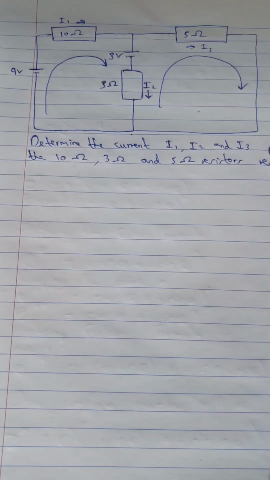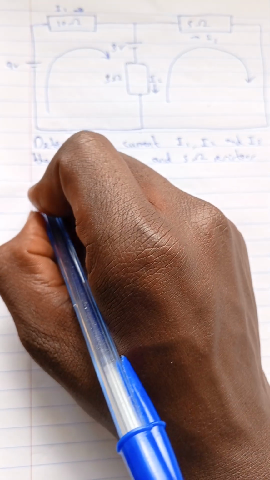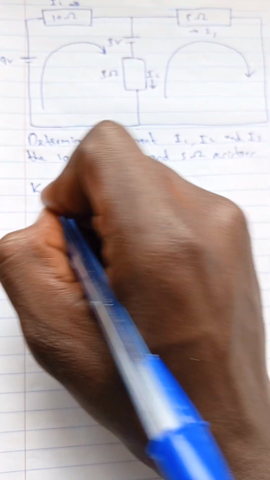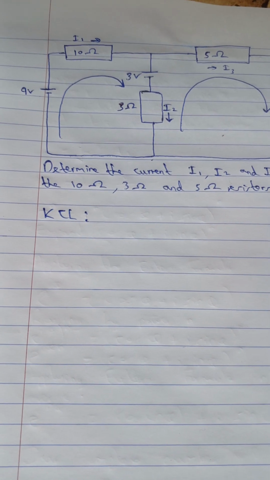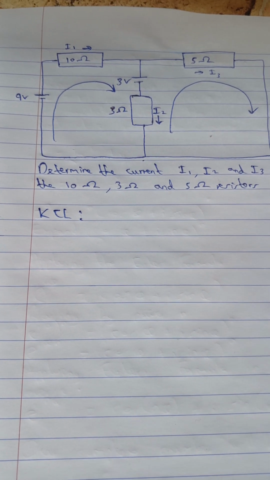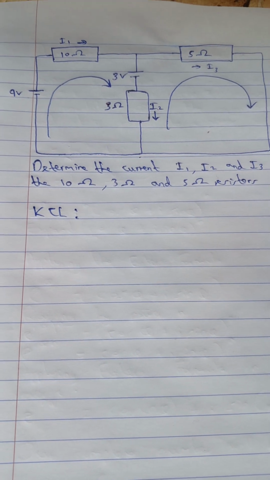After that, we can begin from KCL, or rather the Kirchoff's current law. If you check our diagram, we have got I1 here, I2 and I3.